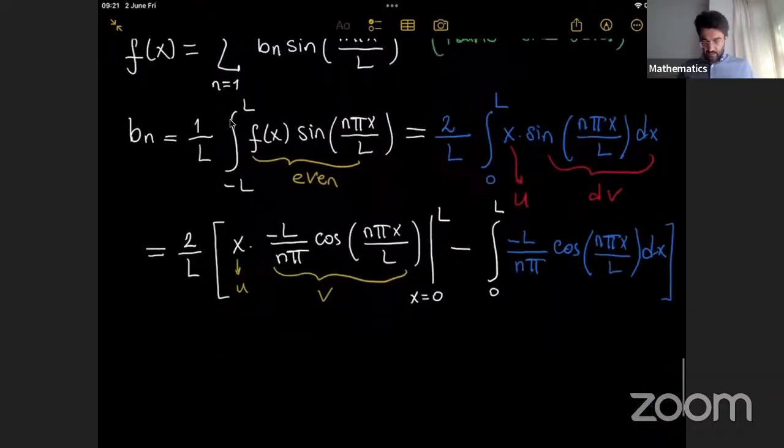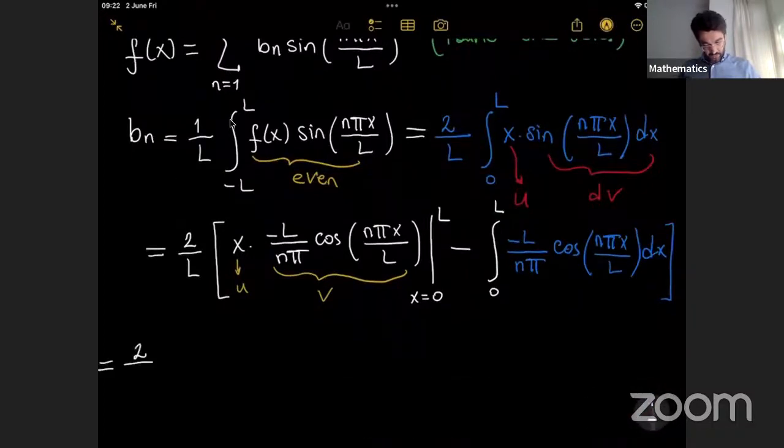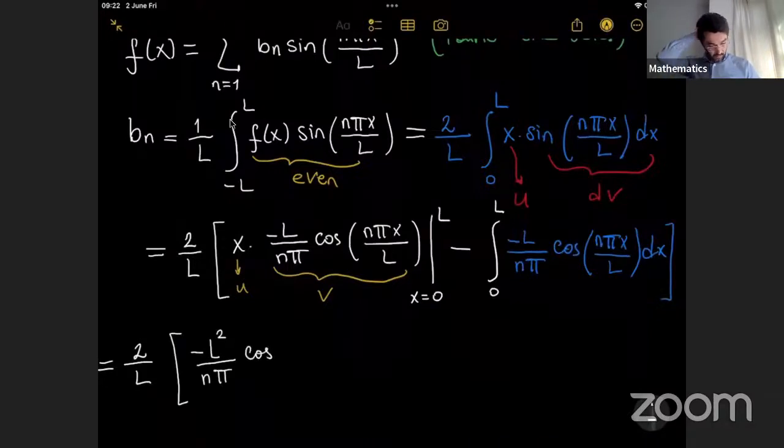Well, let's see what we get from this. 2 over L. When you plug 0, you will get nothing. When you plug L, it's going to be minus L square over n pi cosine n pi. Okay, cosine n pi.